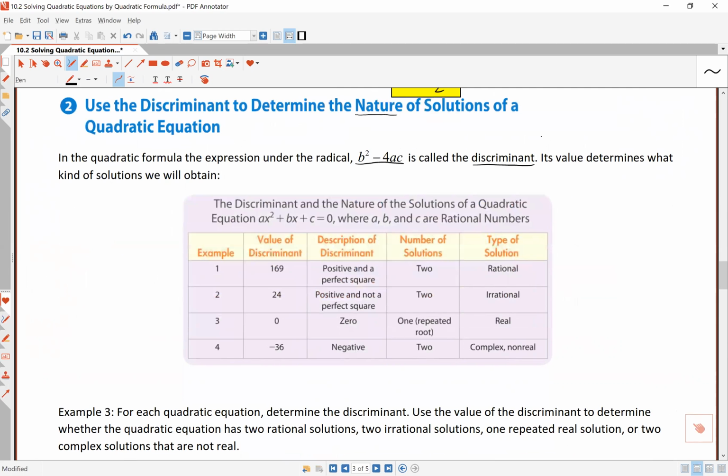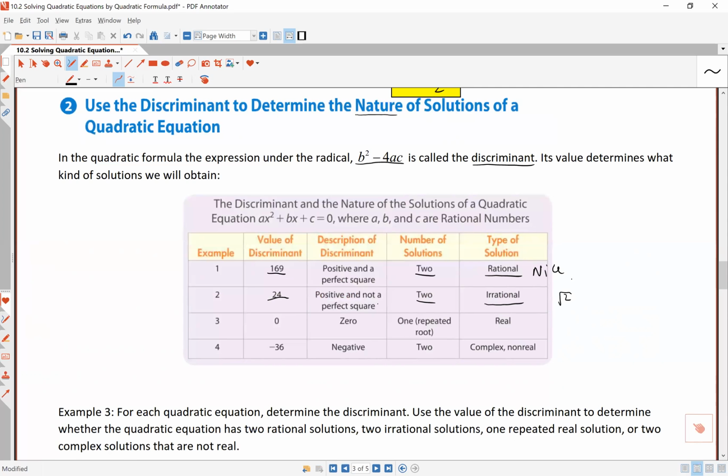If the value of your discriminant is 169, positive and a perfect square, you get the two solutions and they're rational, or what I was calling the nice numbers. But if your discriminant is positive and not a perfect square, you still get the two solutions, but they're irrational. This is when you get solutions that have square roots in them.